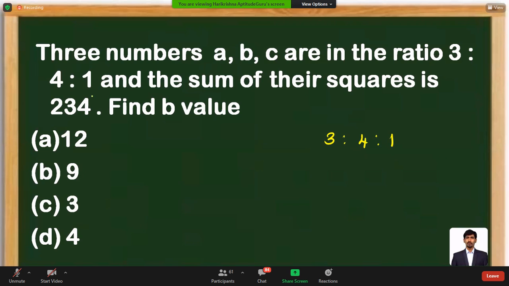Sum of their squares is 234. Find the value of b is the question.